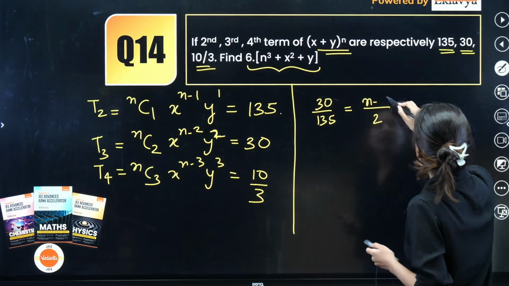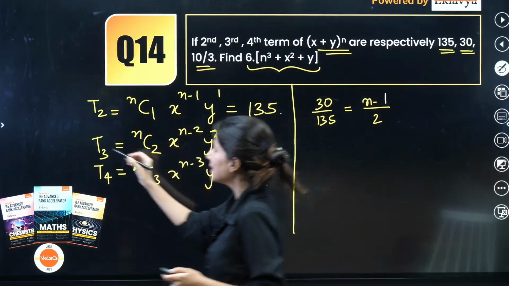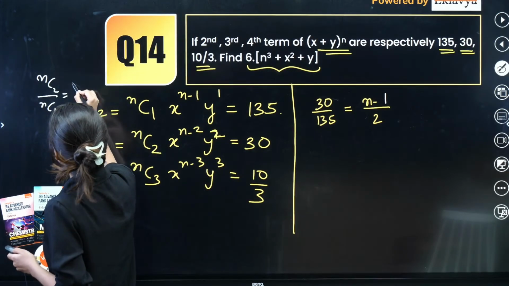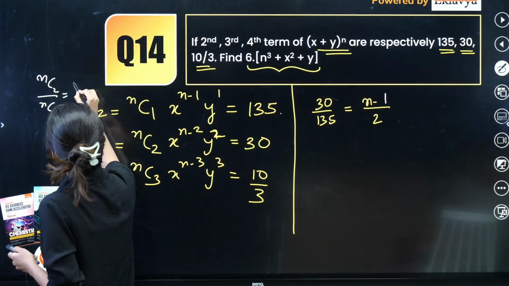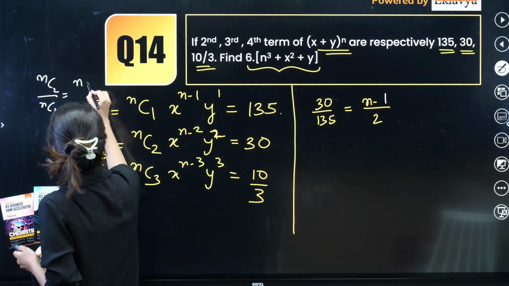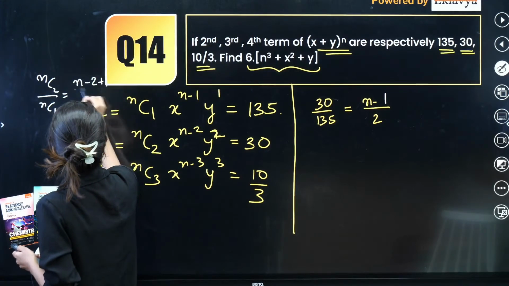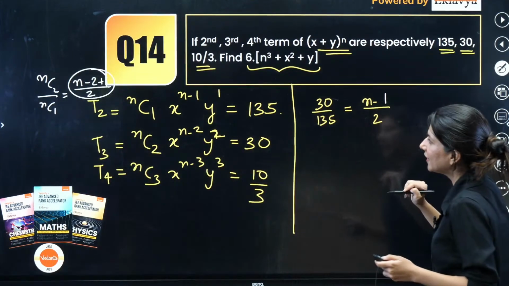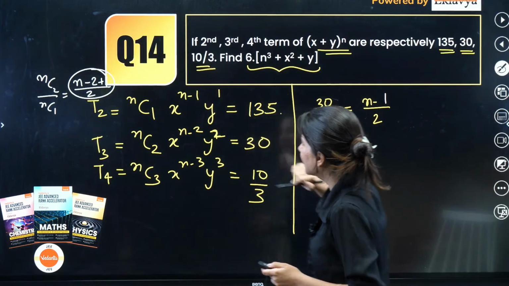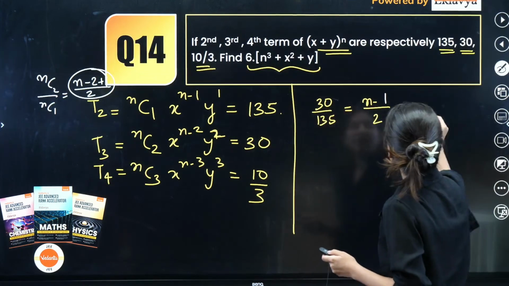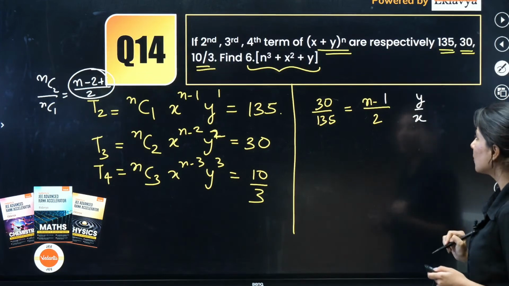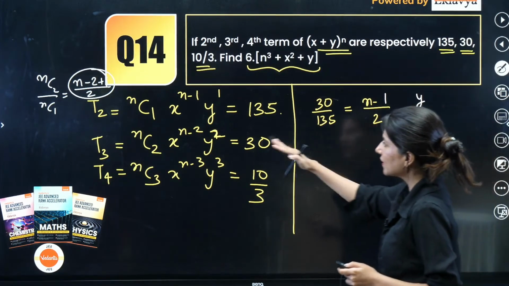NC2 by NC1, so this is n minus r plus 1, so n minus 2 plus 1 upon 2. So n minus 1 by 2, and this upon this will give me y square by y, so y upon x. Yes. This is my first equation, right? Okay, this upon this.